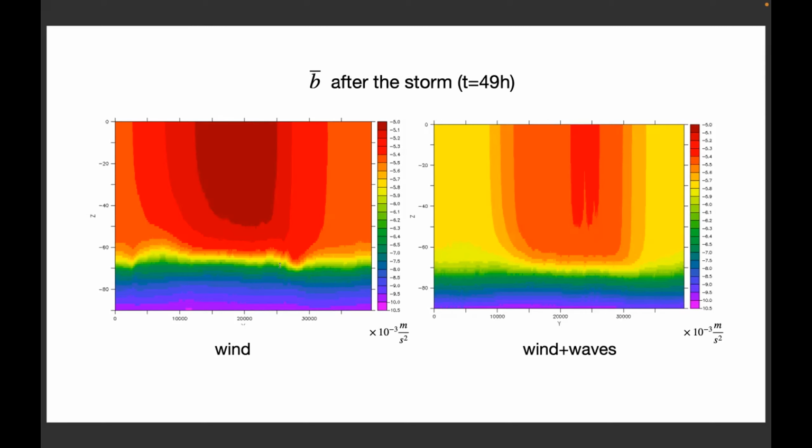And the opposite happens on the other front. There will be lighter water advected over heavier water, and the now southern front is much more stratified.